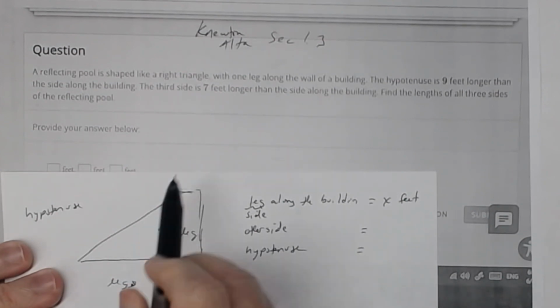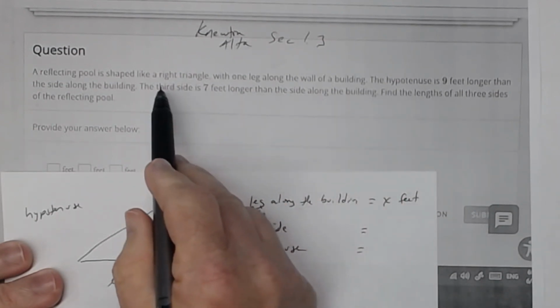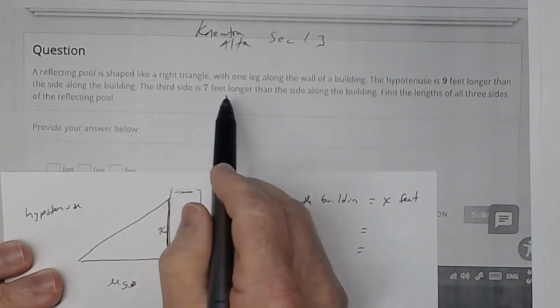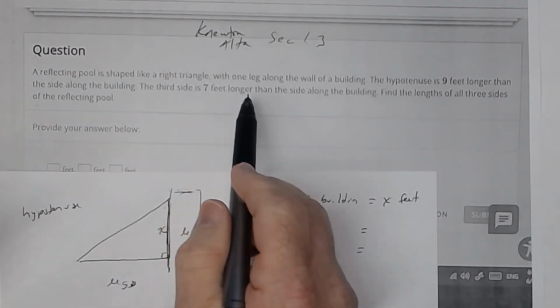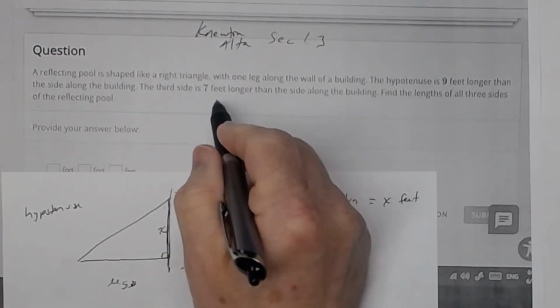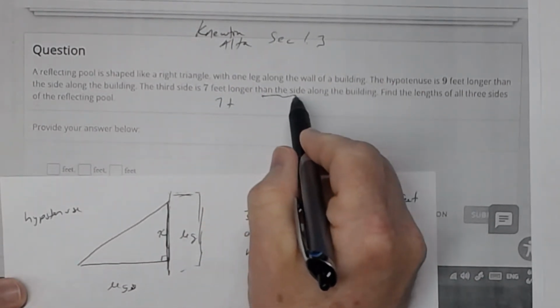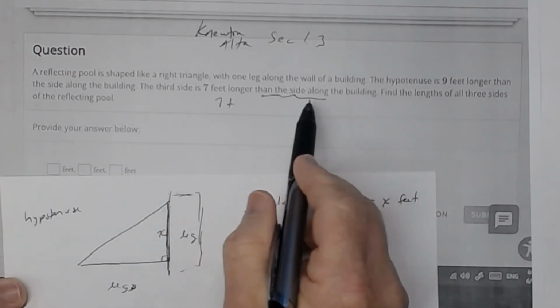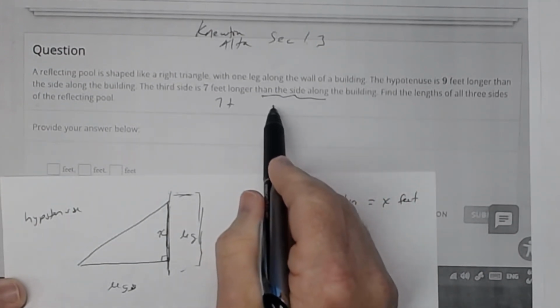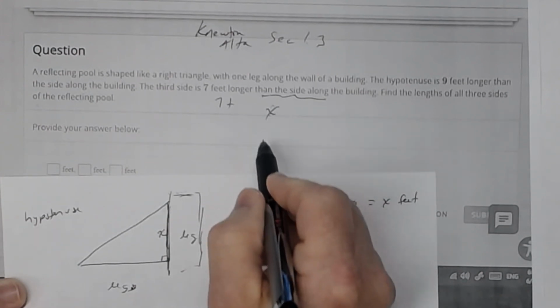The other side, the third side right here, is 7 feet longer. Remember, 7 feet longer means 7 plus the side along the building. Well, the side along the building is x feet, isn't it? Isn't that what we called it?